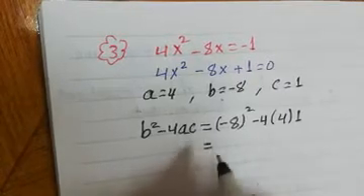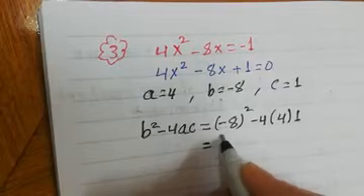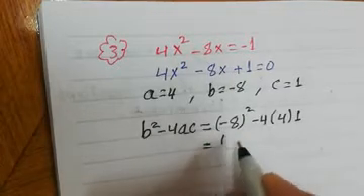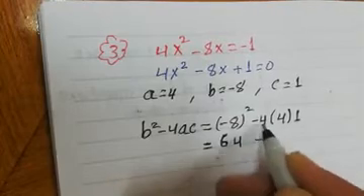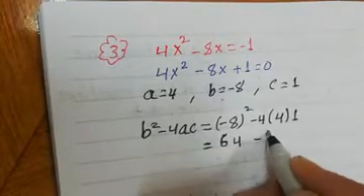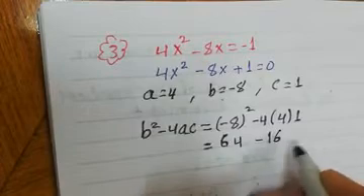Now it will be negative 8 squared, which is 64, minus 4 multiplied by 4, which is 16.